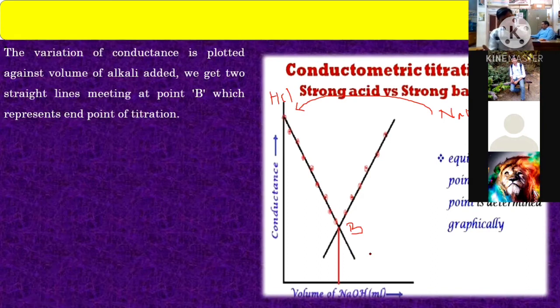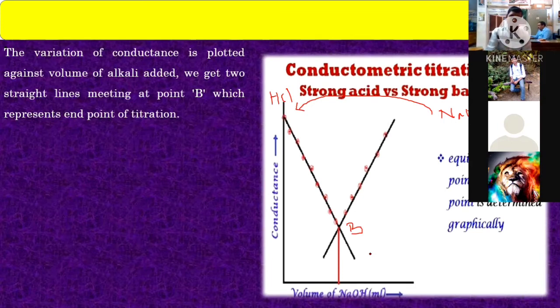Then after you add some more NaOH slowly, what happens? No more H plus ions are in the solution. Then the concentration of OH ion again increases. The concentration of base again increases.